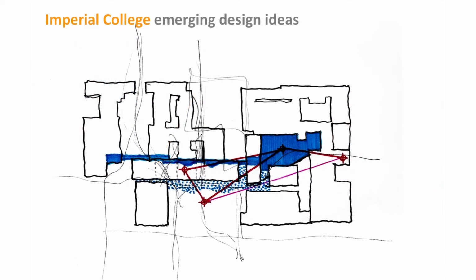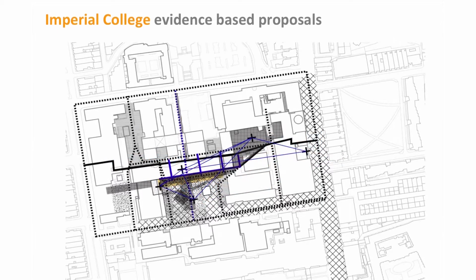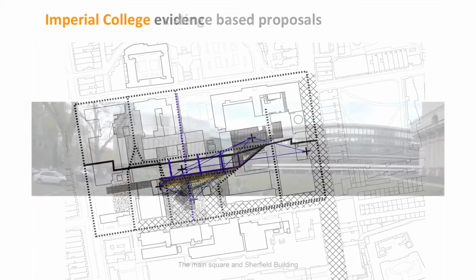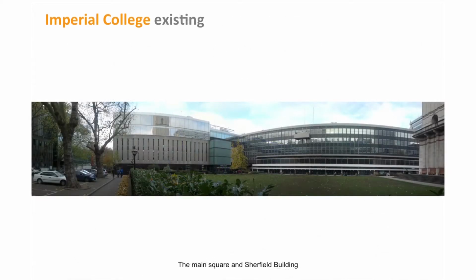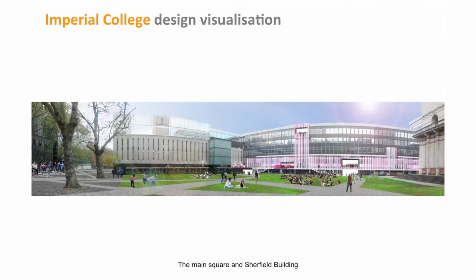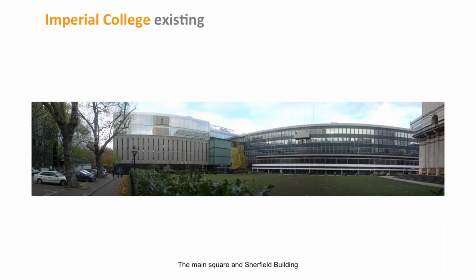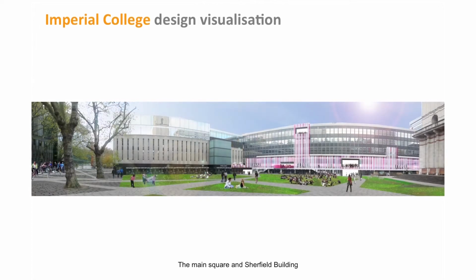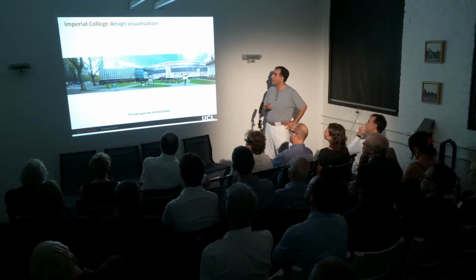And then they developed ideas to resolve some of these problems, and then went beyond the premises of the campus. And then they tried to visualize the ideas. This is how to punch through this building and connect it to the back of the building, and then transform this courtyard to a public space and connect it with Exhibition Road.